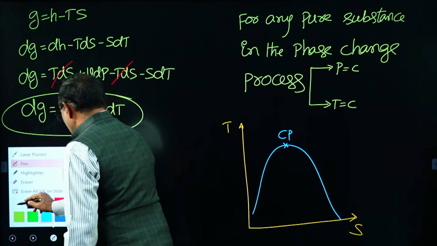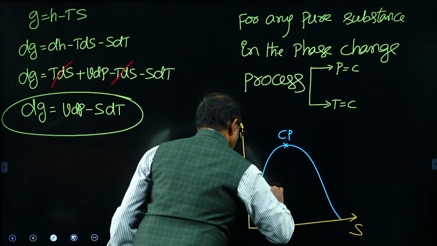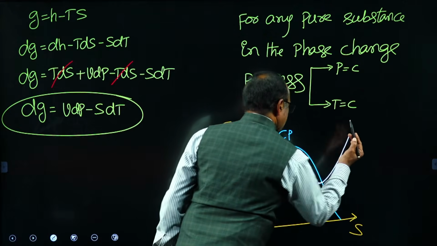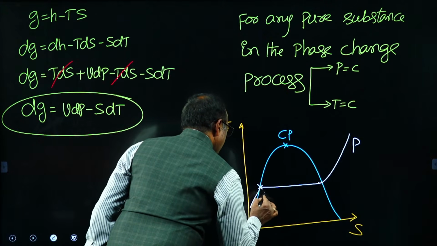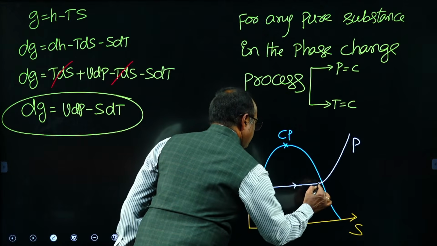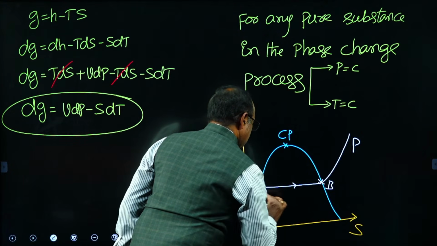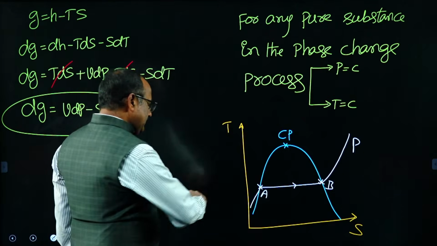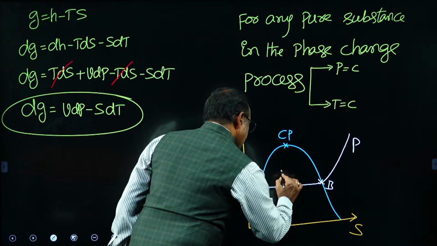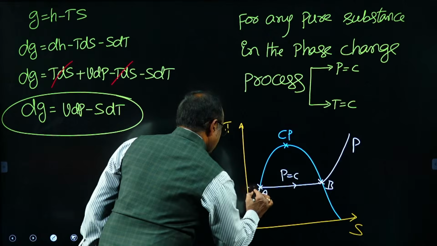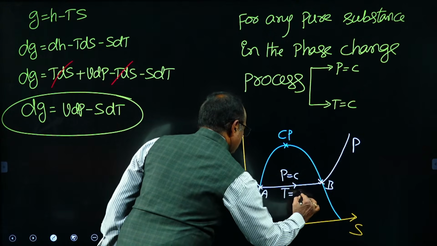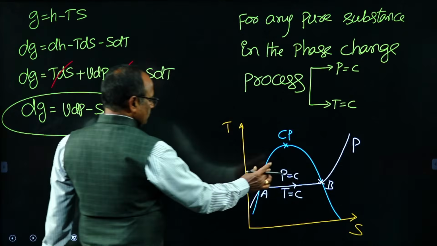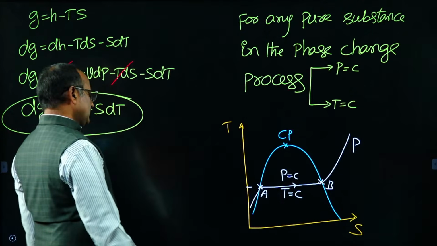This is one of the constant pressure lines. A is the beginning of the vaporization, B is the end of the vaporization. So A to B is the phase change process called vaporization. In this process, pressure is constant, and temperature also remains constant. That means for all pure substances during the phase change process, both pressure and temperature remain constant.